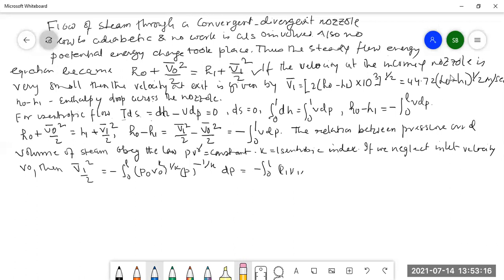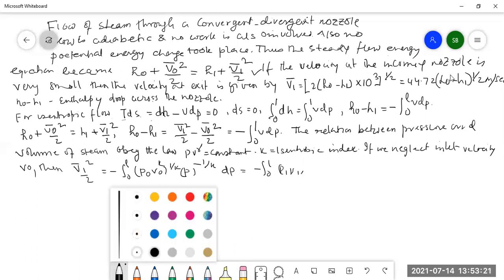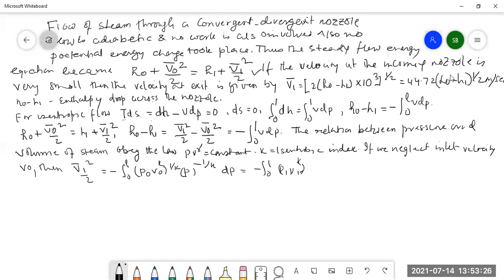Now, P V to the power K, to the power 1 by K, is equal to P to the power minus 1 by K dP, or this is equal to K divided by K minus 1 multiplied by P0 V0 minus P1 V1.